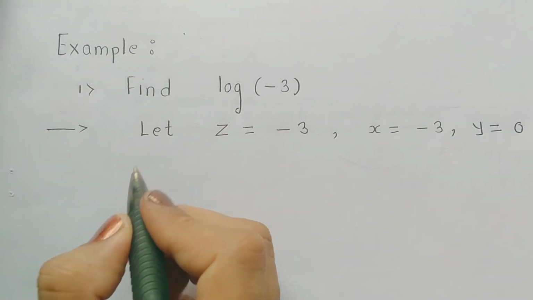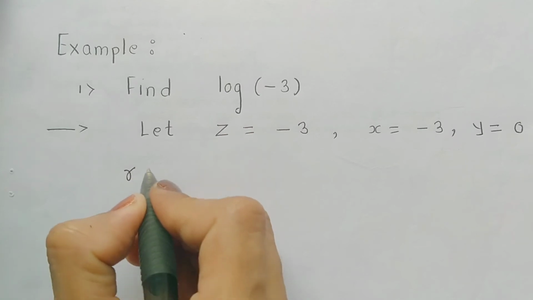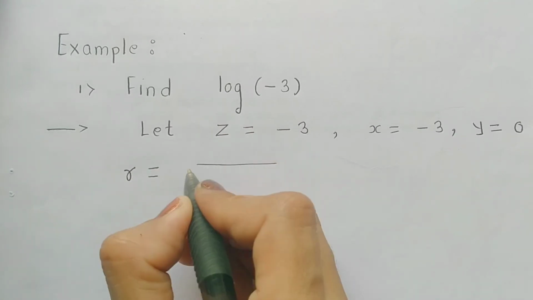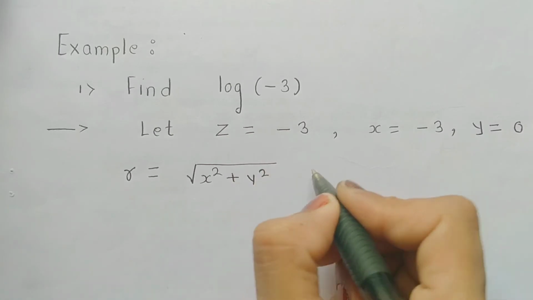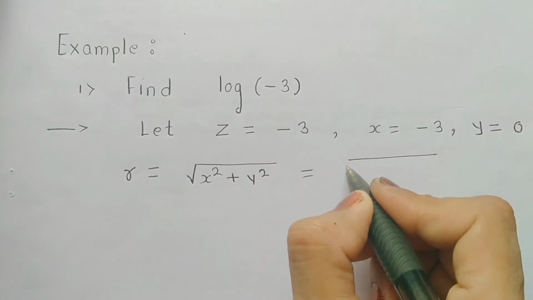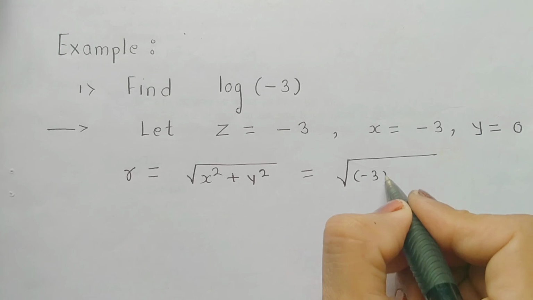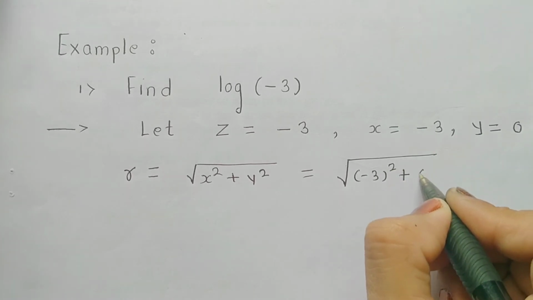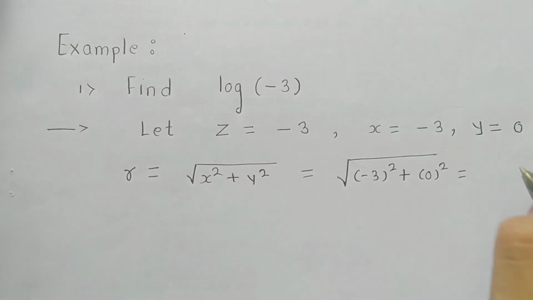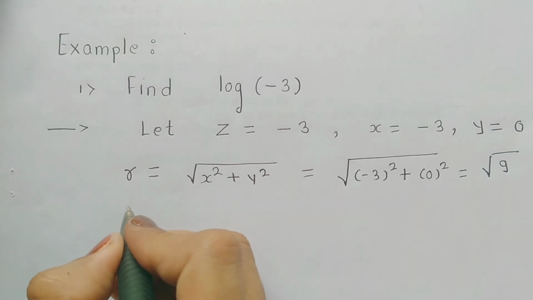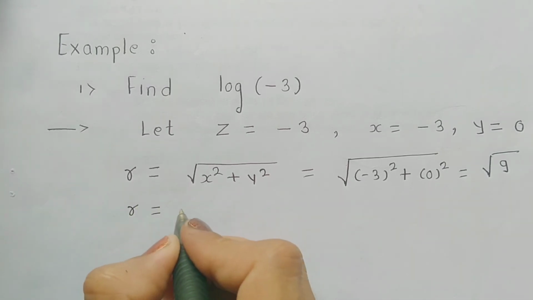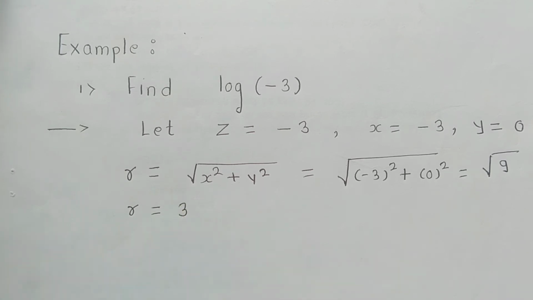So in the first step we calculate the value of r. r is equal to root of x square plus y square, which equals root of minus 3 square plus 0 square, which is equal to root of 9, and again we get the value of r is equal to 3.